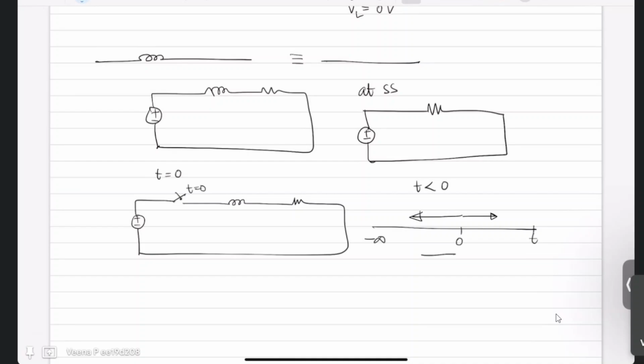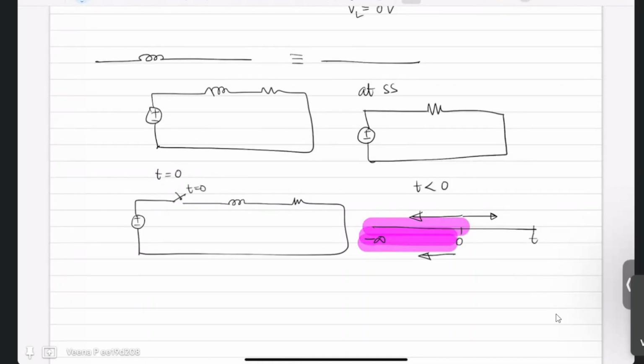Now, before the switching happens, the inductor was part of some other circuit, and that would have already attained its steady state. That means at this particular interval, the inductor was in a different circuit, and in that circuit, the inductor would have obtained its steady state.